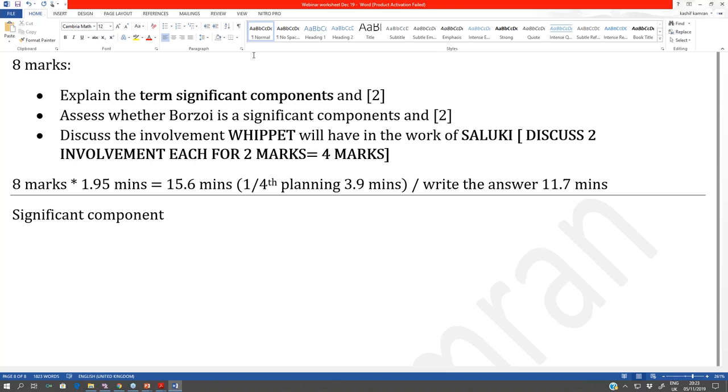And I hope all of you know that component means the subsidiary auditor. So Saluki is the subsidiary auditor, and we need to define what a significant component is. What's the definition? The definition is given in ISA 600, right? ISA 600 defines a significant component. I'm writing the definition for you, which can be of interest to all of you.